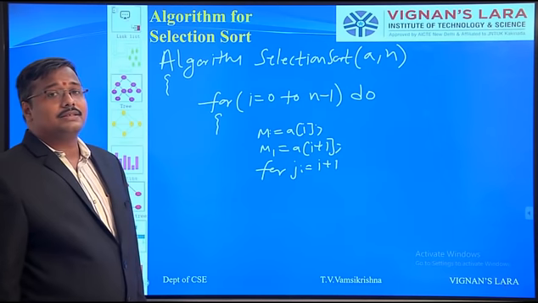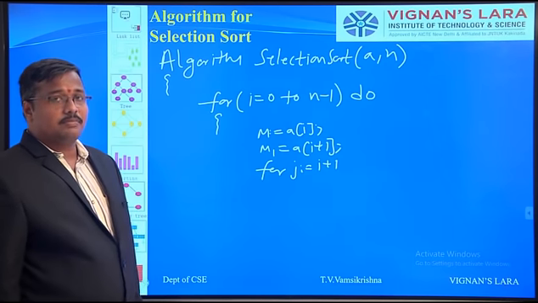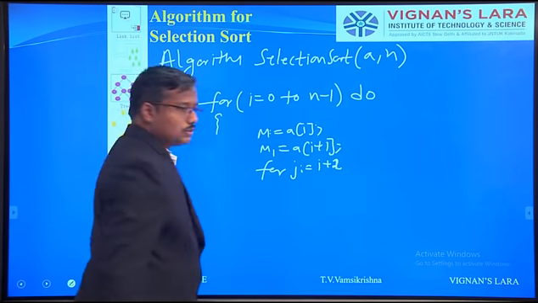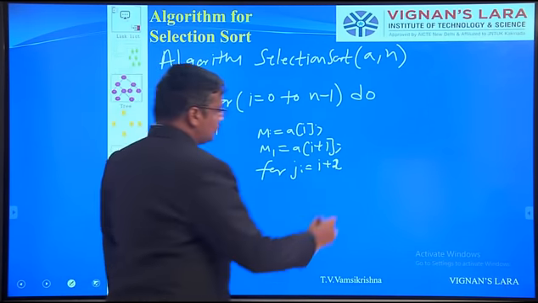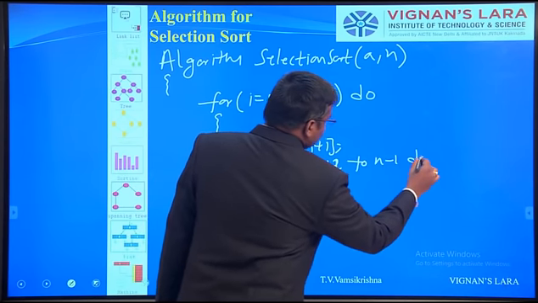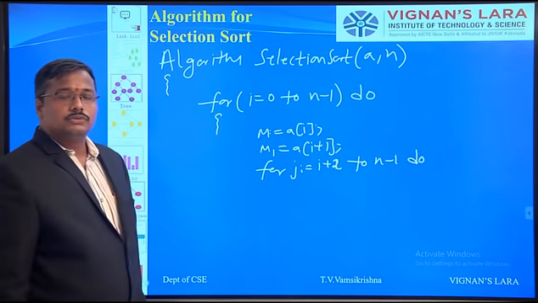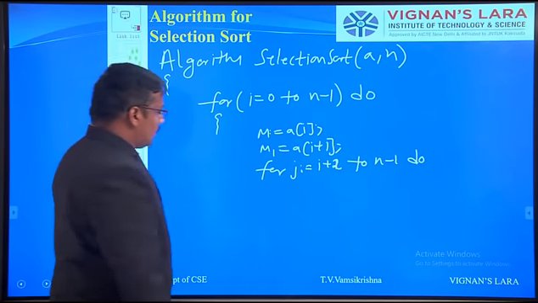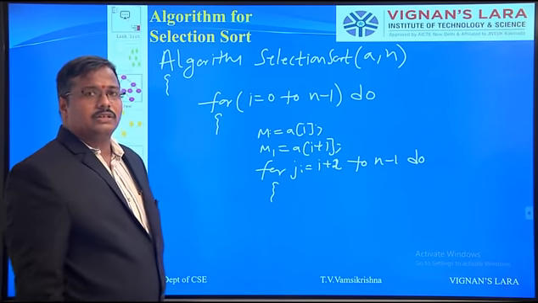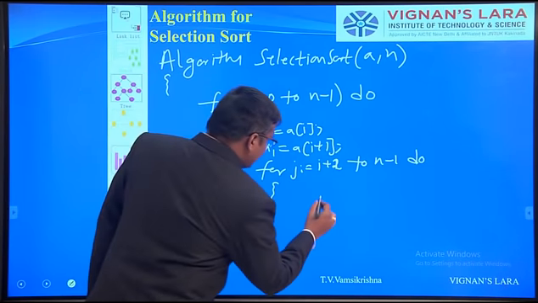If we start at i plus 1, these two are compared, so one comparison is wasted. So for that the j value starts at i plus 2, to n minus 1 do. So what we have to do? We need to find out the minimum element.